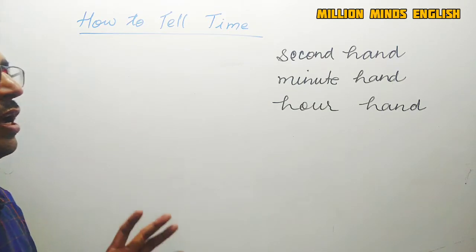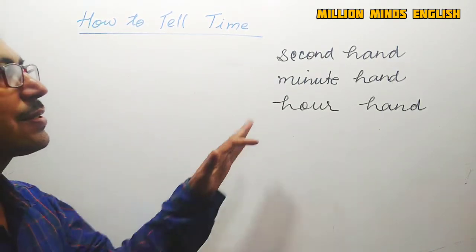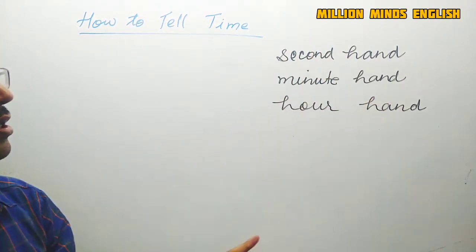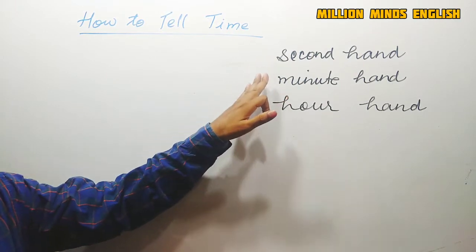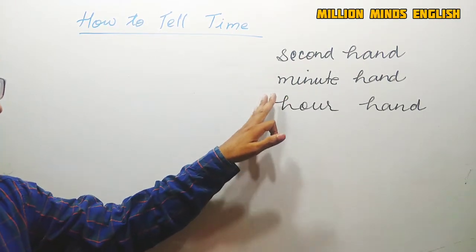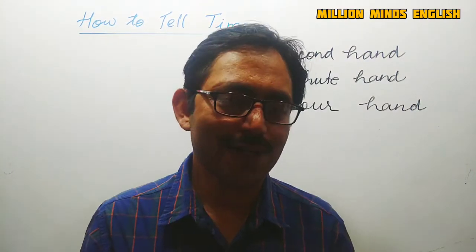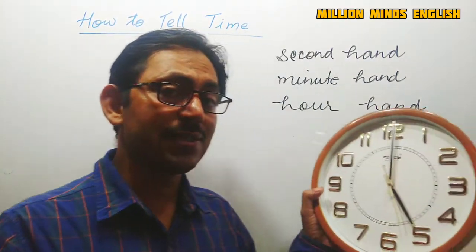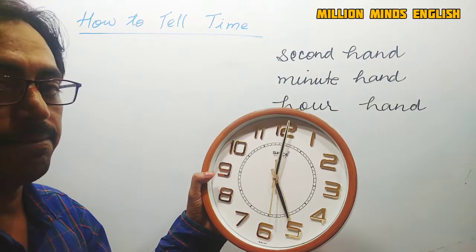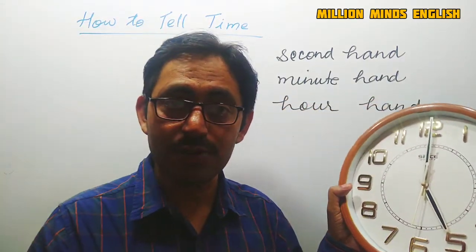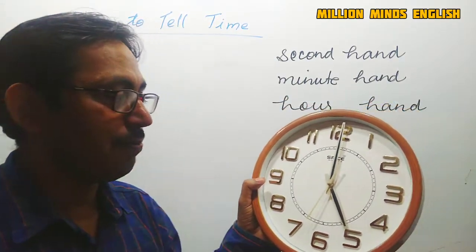Because as the name indicates, this hand tells us seconds, this minutes, and this one hours. Clear, friends? Friends, you can see this clock, and will you like to tell me what's the time by this clock?